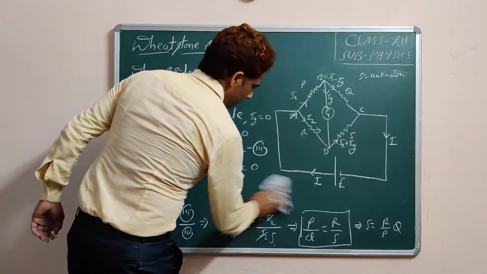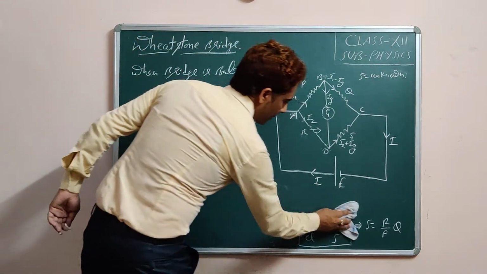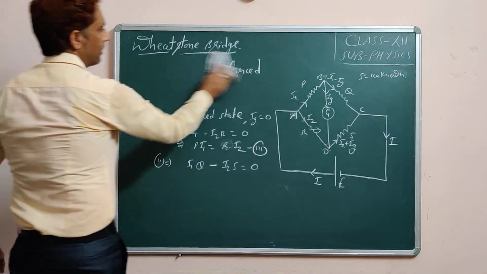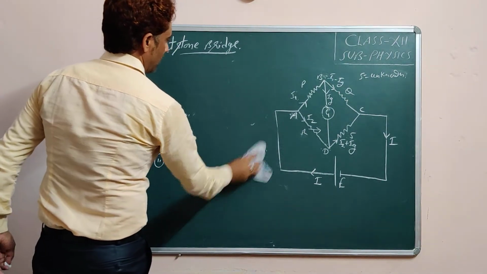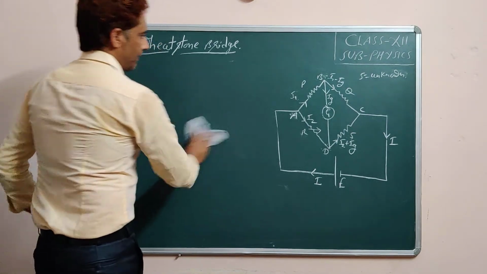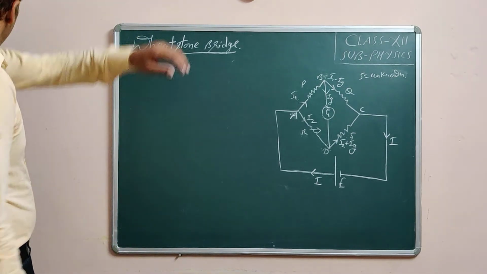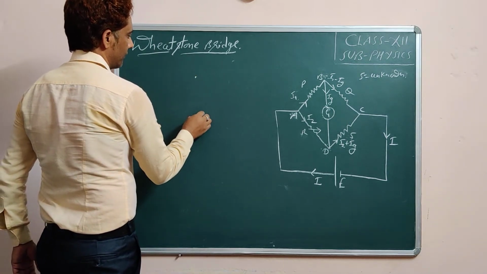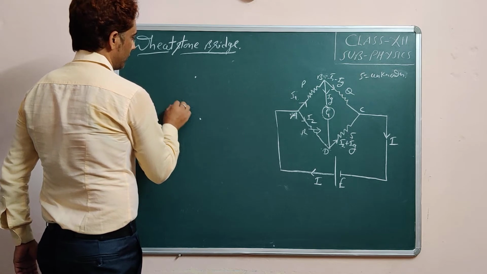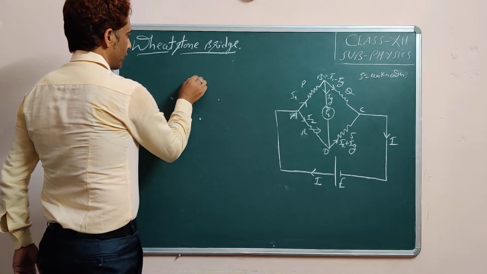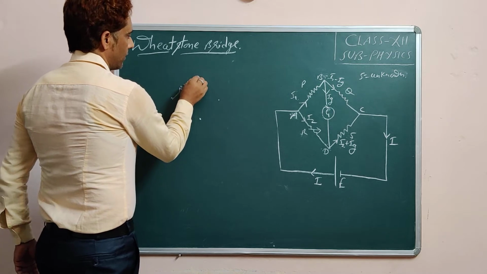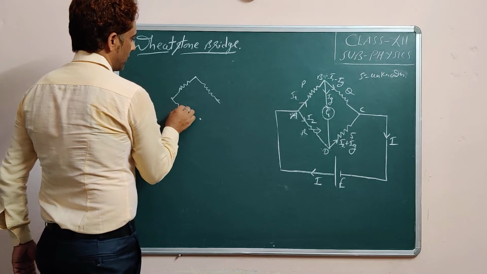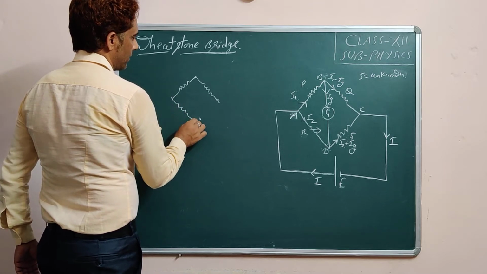So I will solve some simple numericals based on this Wheatstone bridge. For example, if you are having some question based on this Wheatstone bridge, let there be 5 resistors arranged in this manner.